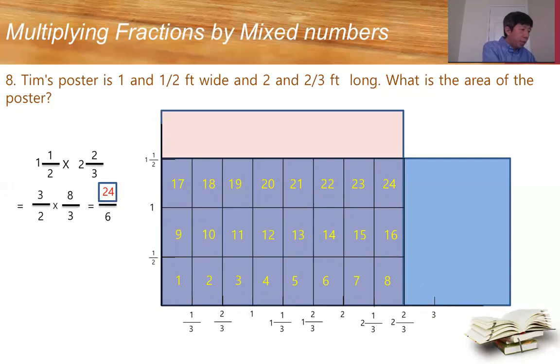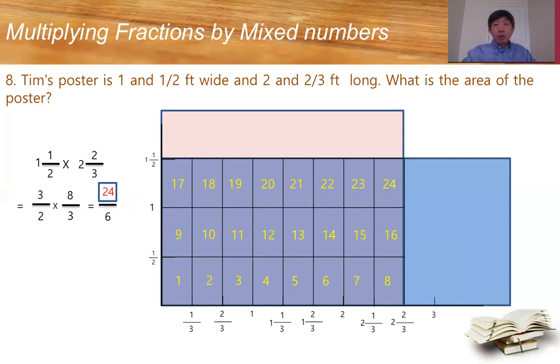Now what about 6? What's the 6 meaning? Remember that on the 1 by 1, we have how many boxes counting as a whole? We have 1, 2, 3, 4, 5, 6. We have 6 boxes there as a whole, right? So therefore, 24 out of 6 actually is what?